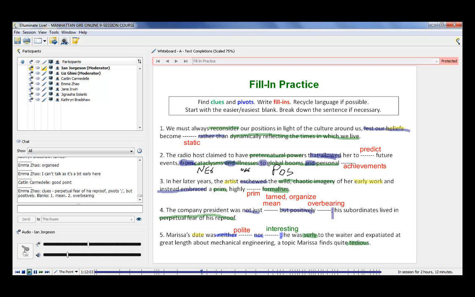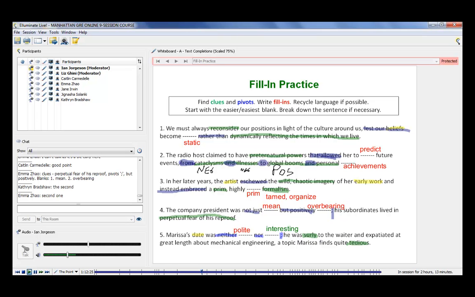The one thing I'd say is that when we get this not just one thing, but positively another, chances are good that the second word is stronger. So I would just want to make sure that when I look for the answers, I pay attention to the idea that probably the second word needs to be stronger than the first.